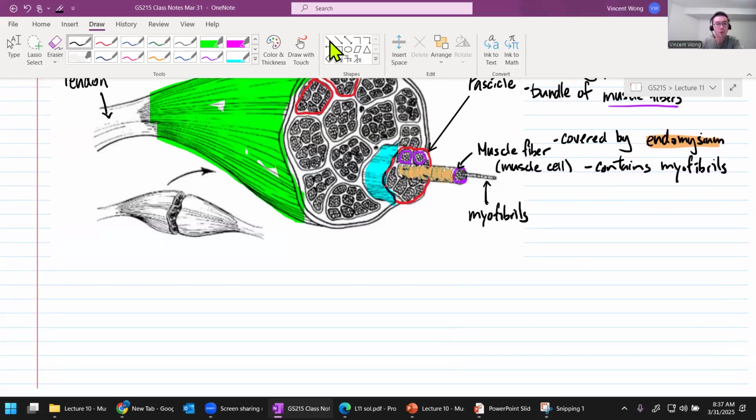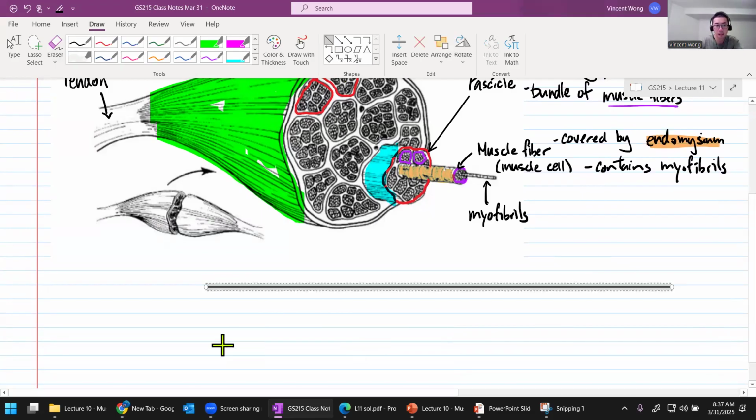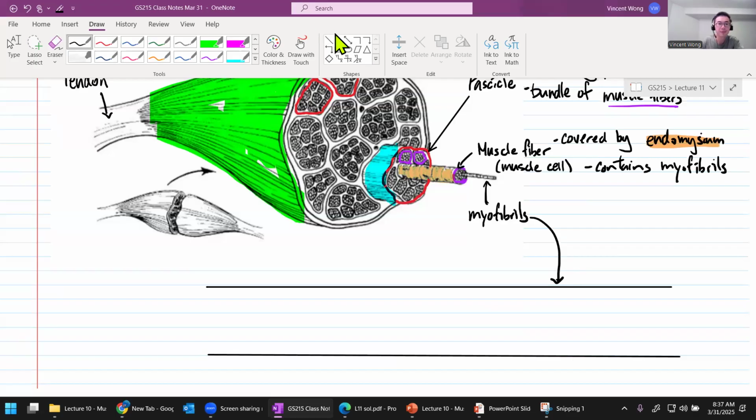We can draw a myofibril out. The myofibrils are basically a series of repeating units.